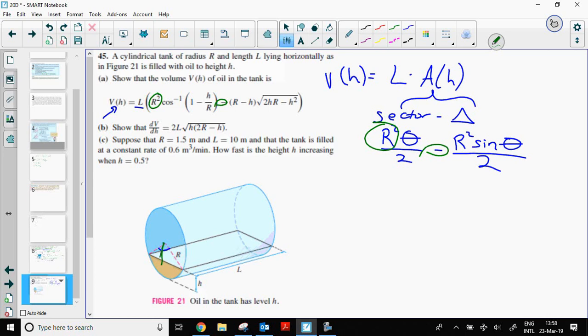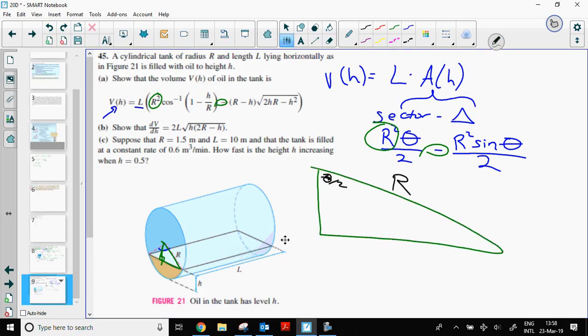So if we drop down an altitude and just look at half of that triangle, the angle is going to be theta over 2. We've got a hypotenuse that we know is going to be r. This height is going to be r minus h, right? Because we're taking the whole radius here, but we're subtracting away this part, which is equal to h.